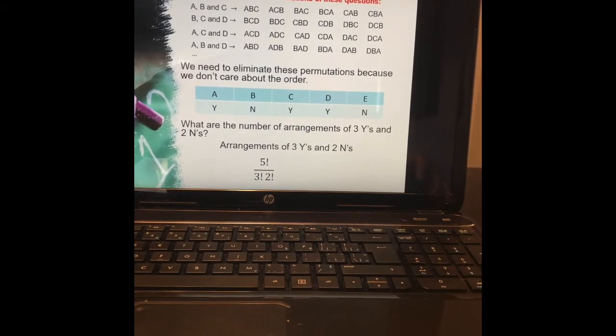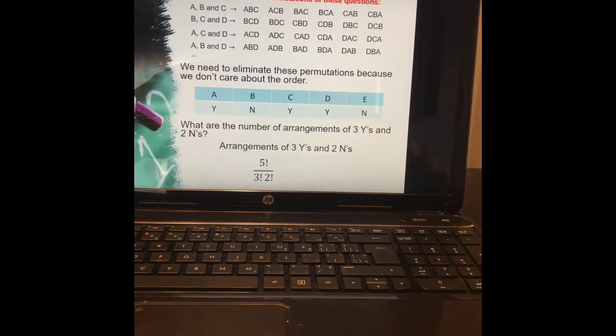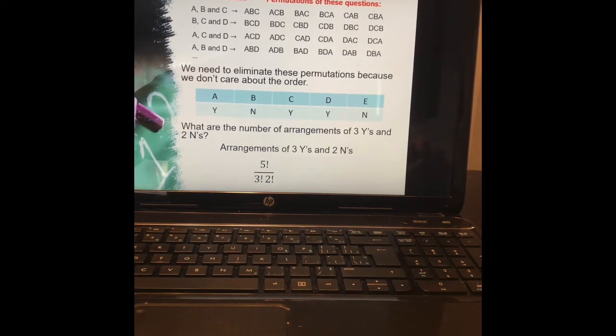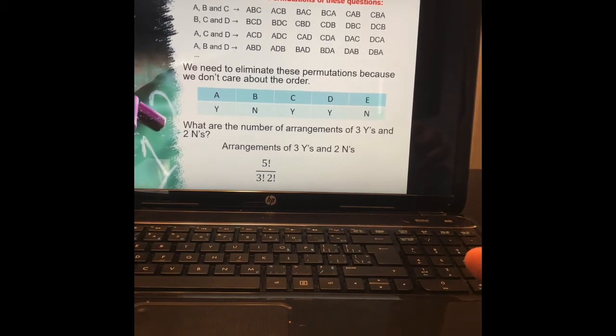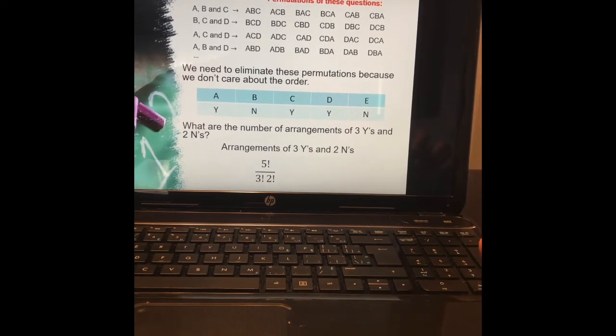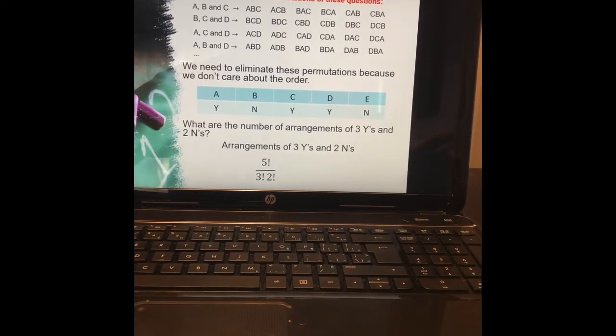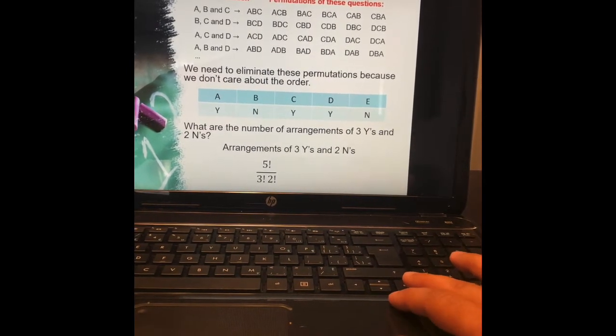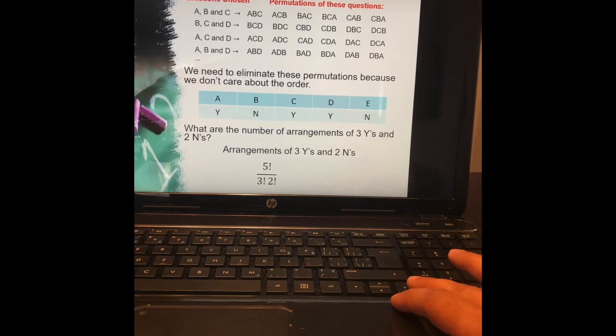So with the pizza question again, if you had the pepperoni, mushrooms, and cheese, it does not matter the order. It's all the same pizza. So you don't want to double count. The easy way to do it is to look at the toppings and say either yes or no to the toppings.